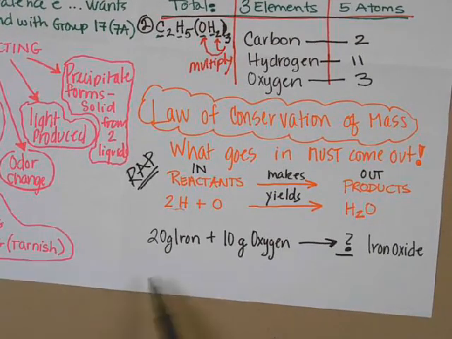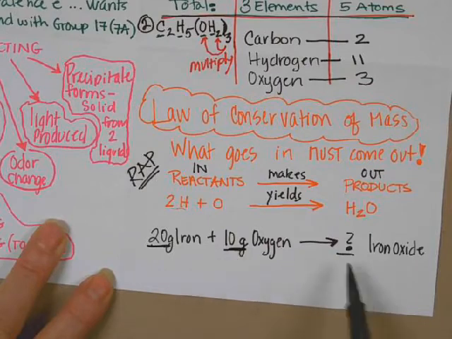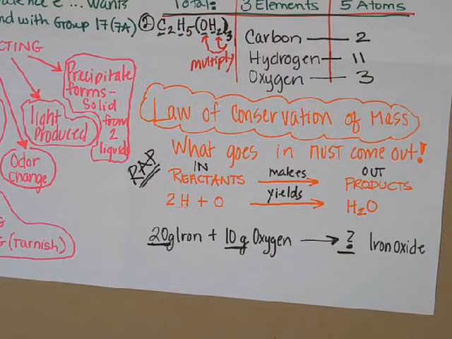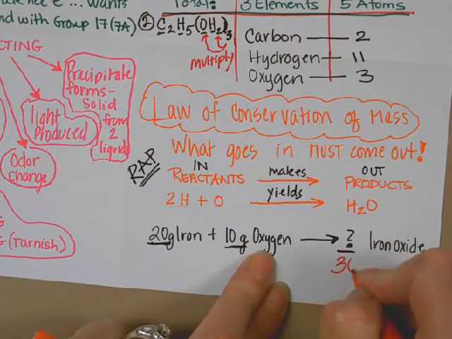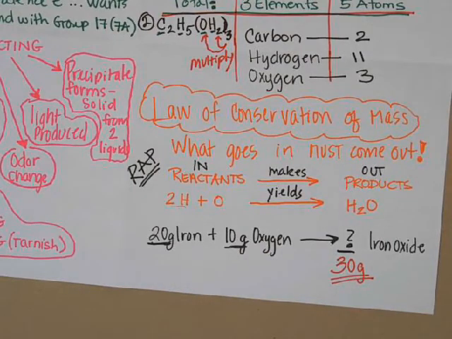Well, what goes in must come out. So if I had 20 grams of iron, 10 grams of oxygen, how many grams of iron oxide must I have if this is a true equation of something that happened? I have to have 30 grams of iron oxide for this to be a correct and honest, true statement. All right.